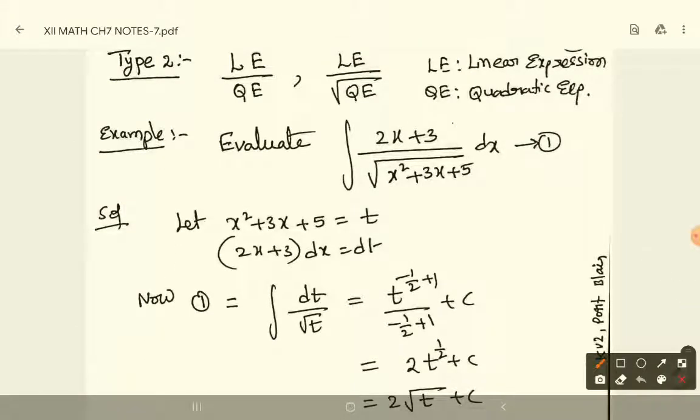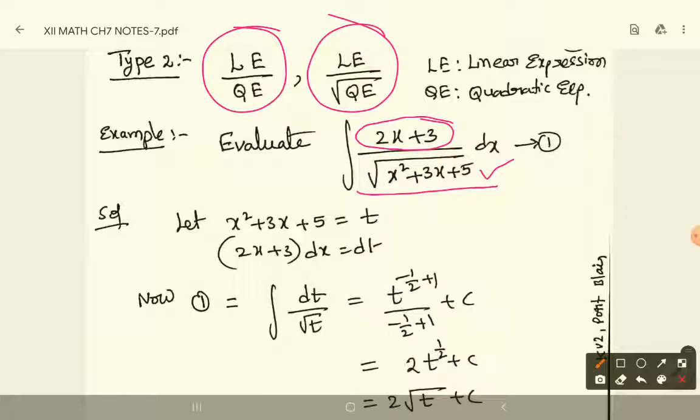Evaluate integration of (2x plus 3) by root over (x square plus 3x plus 5). Whenever you see linear by quadratic or linear by root over quadratic, first we look at the quadratic expression. Concentrate on the quadratic expression. What is the derivative of x square plus 3x plus 5? Orally it should run in your mind.